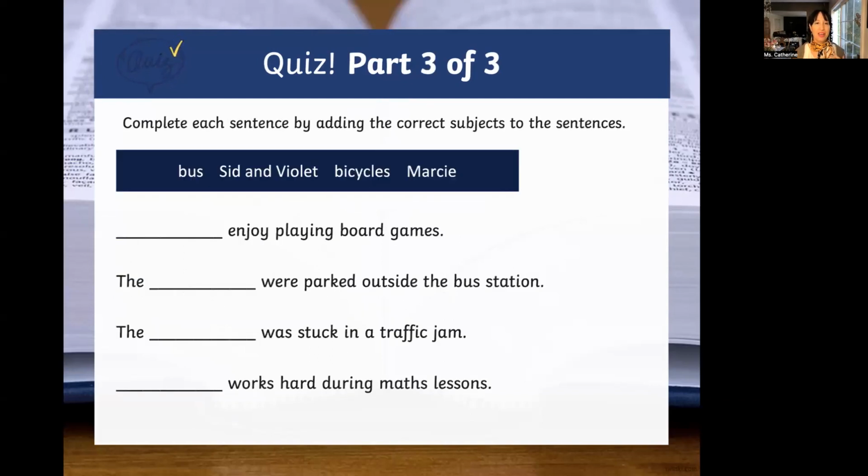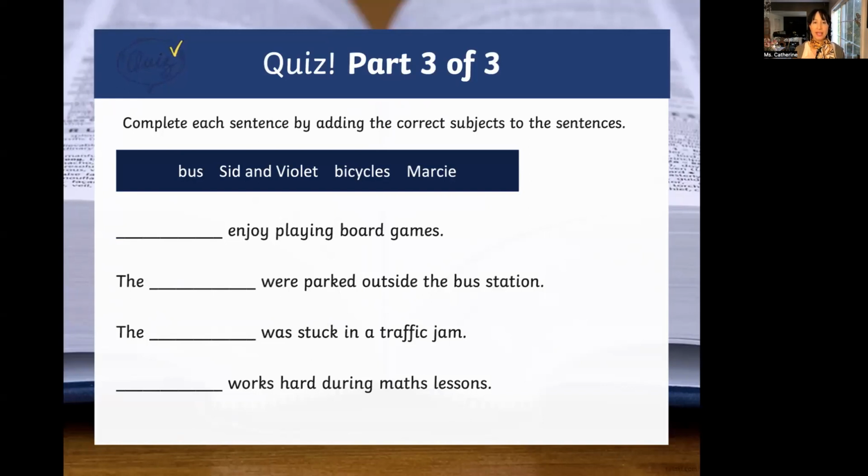Okay, last one. So we are going to see 1, 2, 3, 4 sets of words. We have bus, we have Sid and Violet, we have bicycles, and we have Marcy. So we are going to complete each sentence by adding the correct subjects to the sentences.